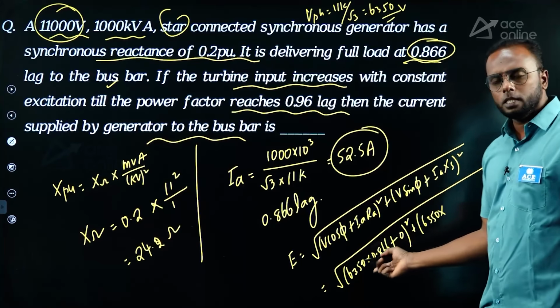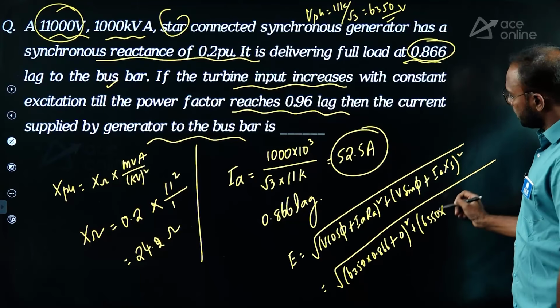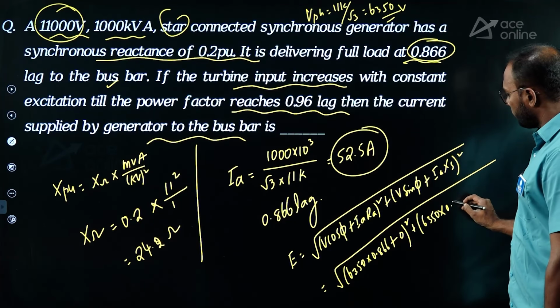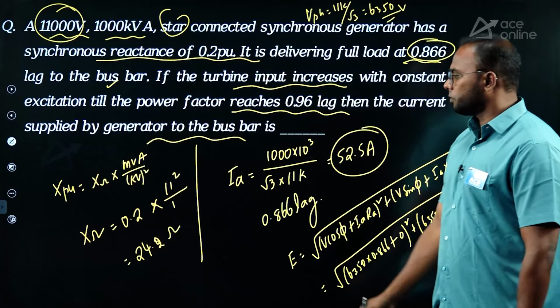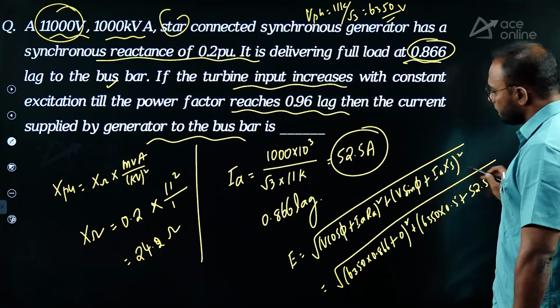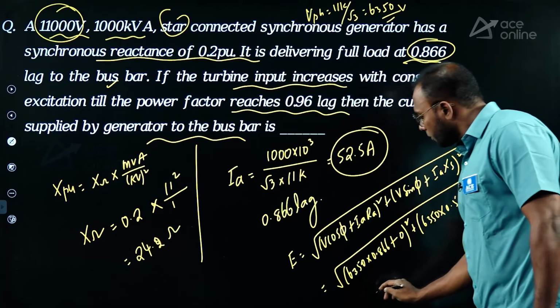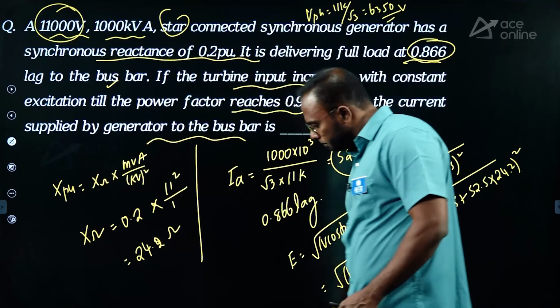If cos phi is root 3 by 2, that is cos 30, then sin 30 is 1 by 2, 0.5. Plus IA XS whole square, where IA is 52.5 into XS is 24.2, squared. Find out this EMF value.